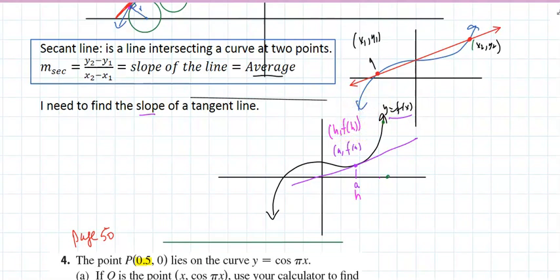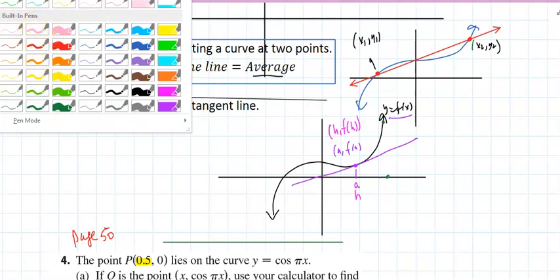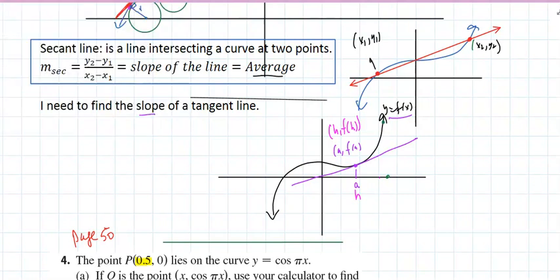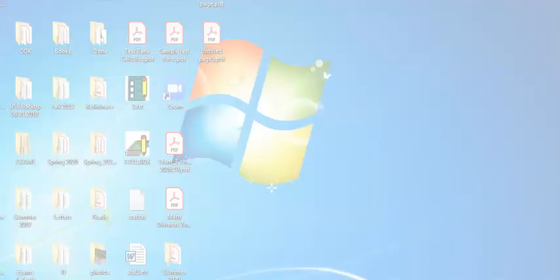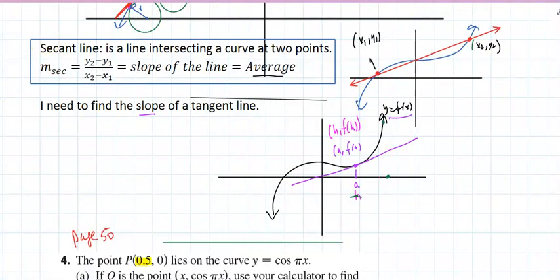What I do, I pick another point. So I start by saying, okay, entertain my idea, and let's pick a point right there. I'm going to stick with the f of a part.